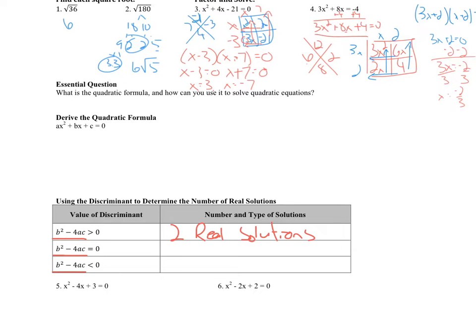When our discriminant, b squared minus 4ac, is equal to 0, we have 1 real solution. And when it is less than 0, we have 0 real solutions, which means we have 2 imaginary solutions.